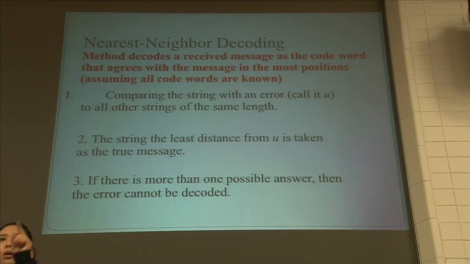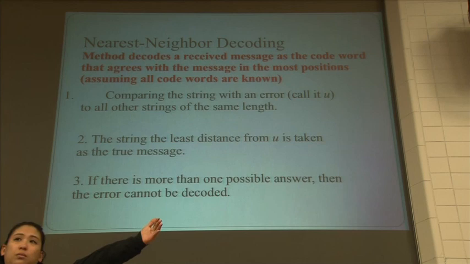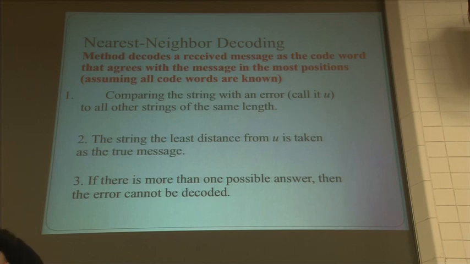Sometimes, the wrong coding gets sent. But there could be another word that's kind of close to that code, another word that differs by a few other digits. Here's your code that's incorrect. Here's one of the words that it could be. Here's another word that it could be. Whatever word your code is closest to is the word that gets chosen to be transmitted.